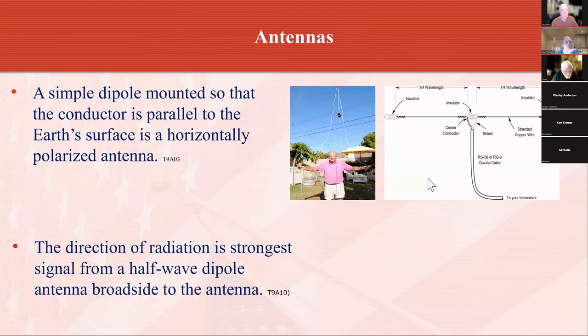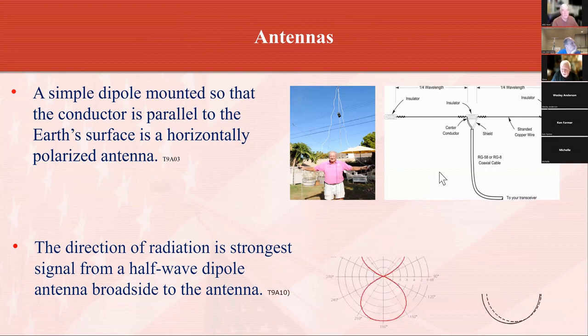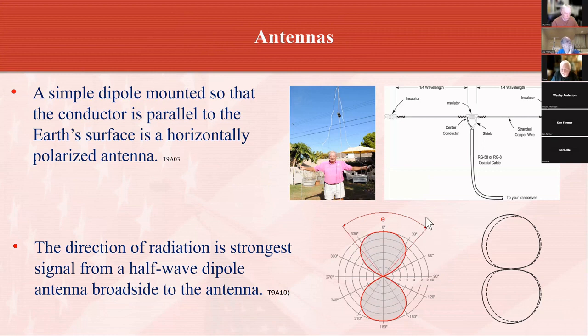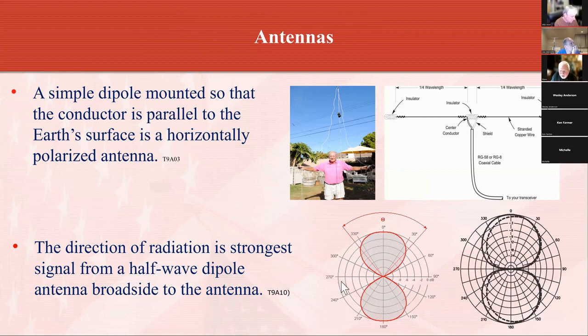Now, the direction of radiation for this dipole is the strongest broadside to the antenna, like coming right out of the screen. Coming off of the ends, it's at a minimum, but we graph the strength of the radiation in something called an antenna pattern, and that's what this is.